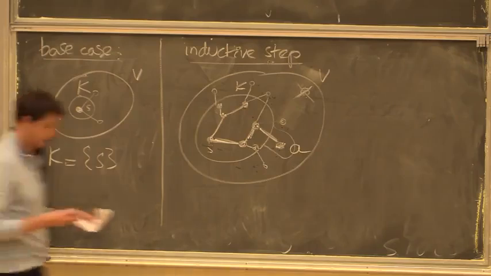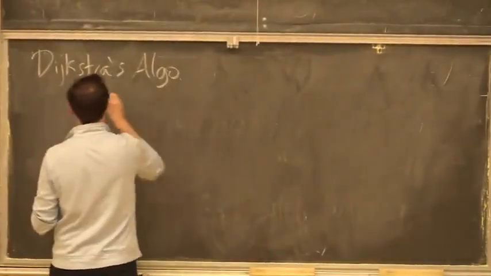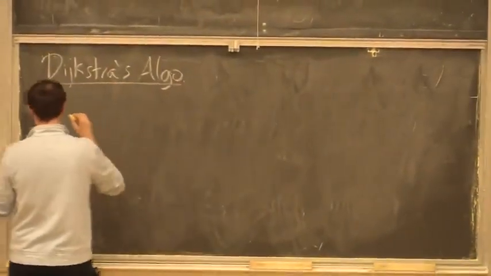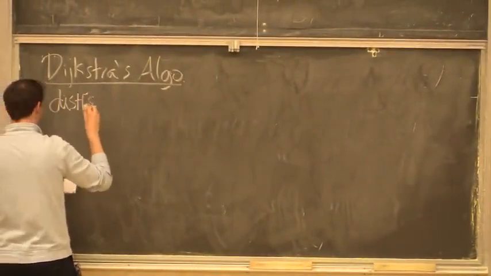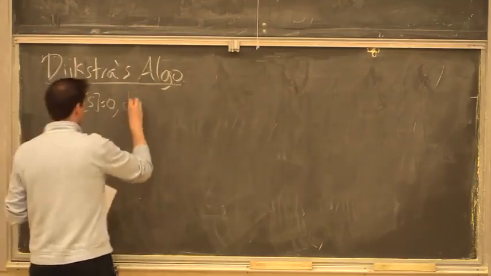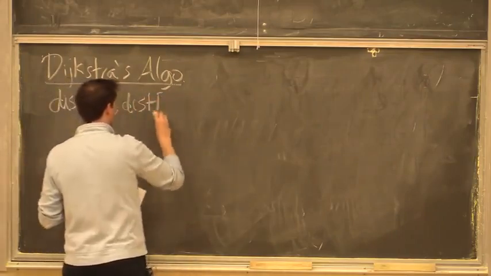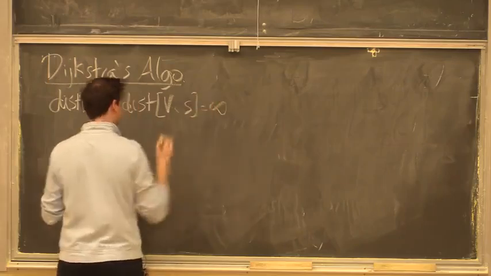This is a pretty tricky algorithm. So in the algorithm, we're going to start out by putting the estimate for S to be 0, and we're going to put the estimates for everything else to be infinite.